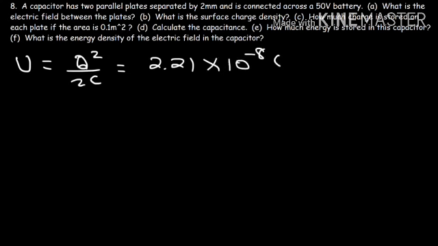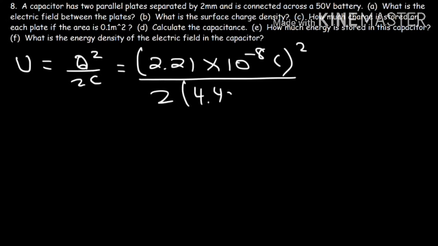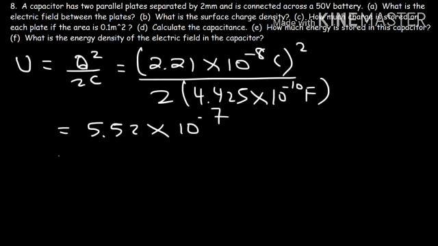That's what we got in part C. Divided by 2 times the capacitance, which is 4.425 times 10 to the negative 10. So this is equal to 5.52 times 10 to the negative 7 joules.